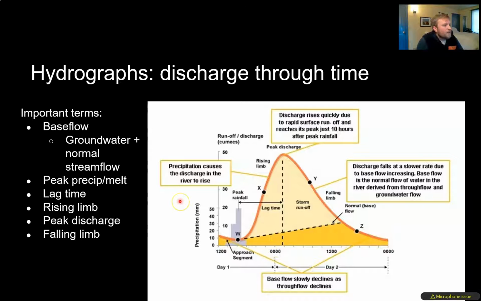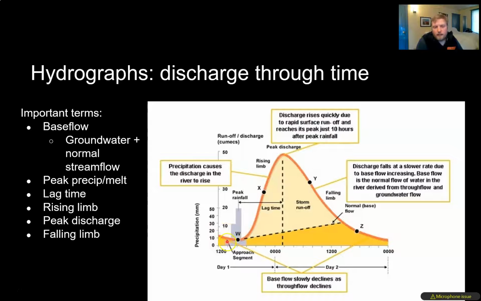So base flow. Base flow is what's coming into the stream normally. So that can be surface water that's draining from other rivers, as well as groundwater that's entering the stream. So that is the lower part of the curve here, okay? In this little block stair-stepped graph right here, this is our precipitation event.